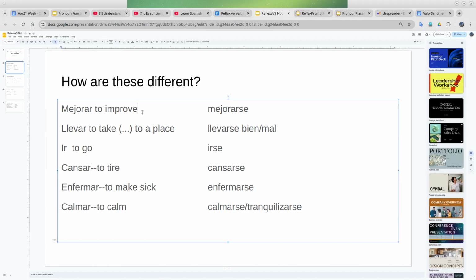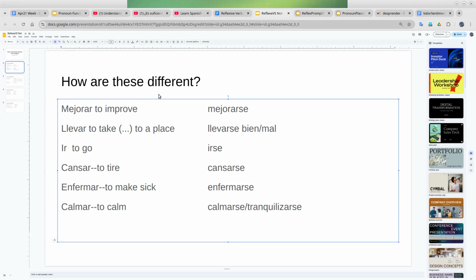Mejorar means to improve something. Like I might say, el estudiante mejora sus notas. The student improves his grades. Notas are grades. What is he improving?